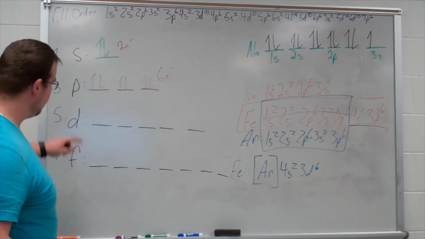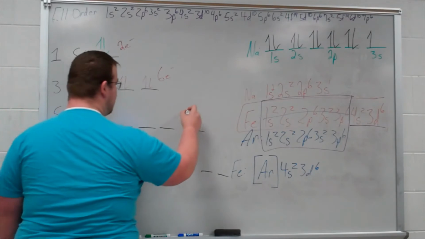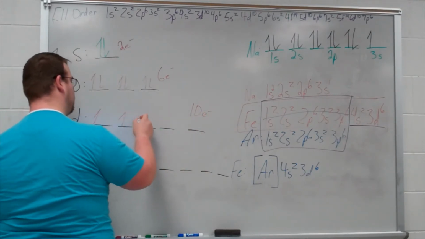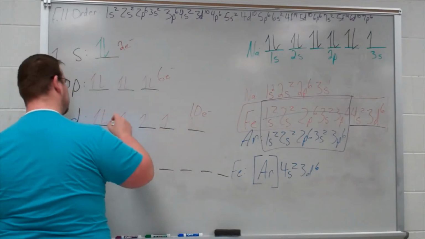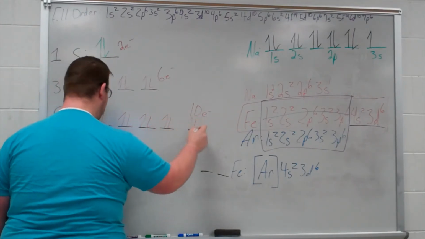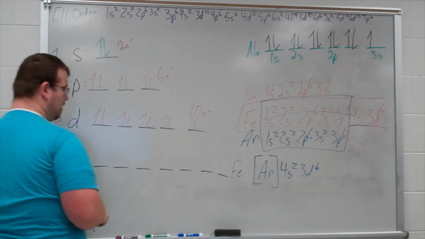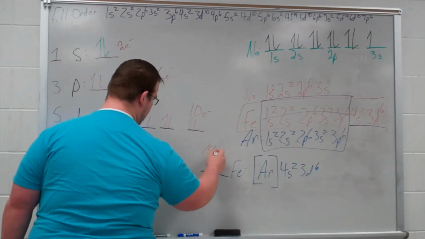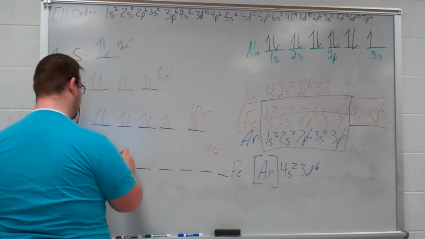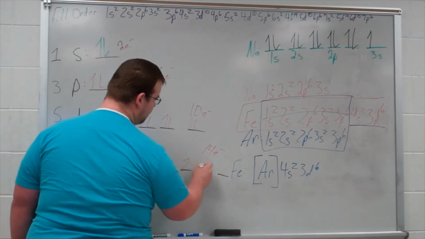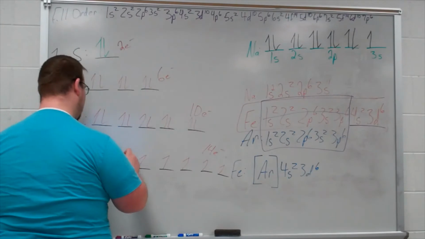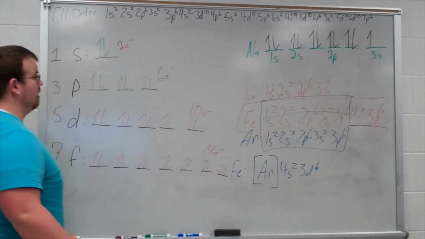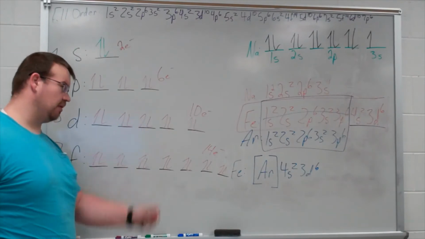You'll find the same thing here for the D. Will be 10 electrons. 1, 2, 3, 4, 5, 6, 7, 8, 9, 10. F subshell can have 14 electrons. 1, 2, 3, 4, 5, 6, 7, 8, 9, 10, 11, 12, 13, 14 of those electrons can go in that subshell.